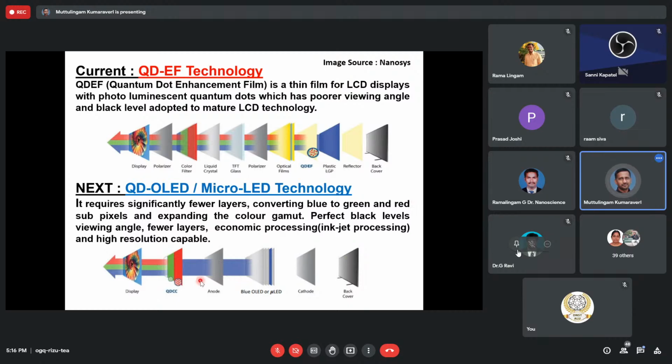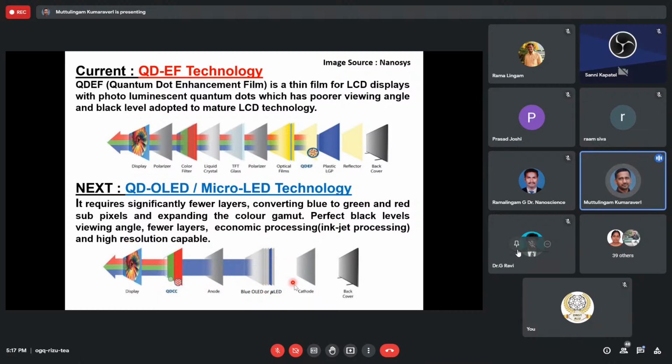The next one, they are looking at the backlight. They can use blue OLED or micro LED. Then they can easily reduce the number of layers. This is the QD color conversion filter for the micro LED or blue OLED backlight.